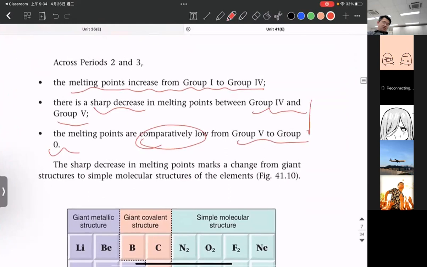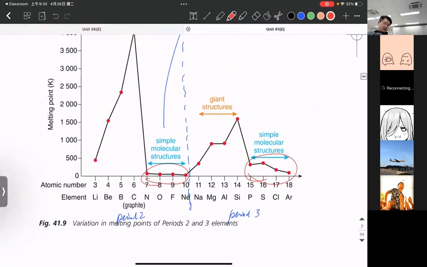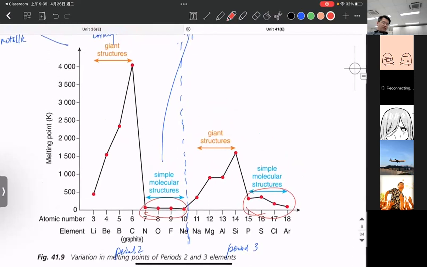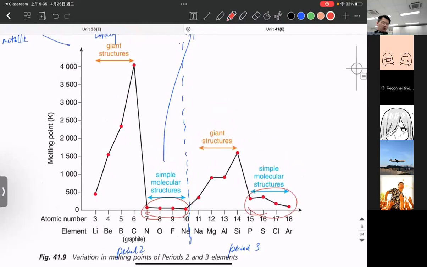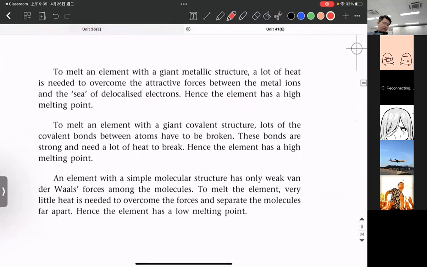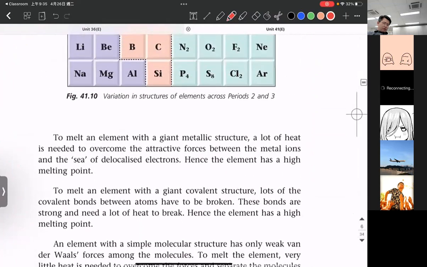You may find these two telling you that it decreased, but it's not a gradual decrease. It's a rapid drop, not a gradual decrease. But for the first 4 elements in the main group, there is a general increase. All of this can be explained in terms of bonding and structure. So, do you still remember that?